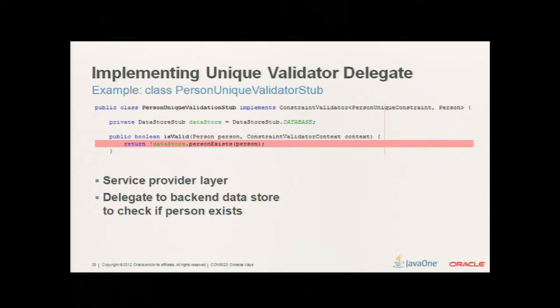In the sample is a data store stub in memory, some simple Java collections, but because we focus on the middleware in SOA, this implementation might be to ask a data store or data service, whatever you use, JPA-based entity manager person exists. So the database checks for us really fast.